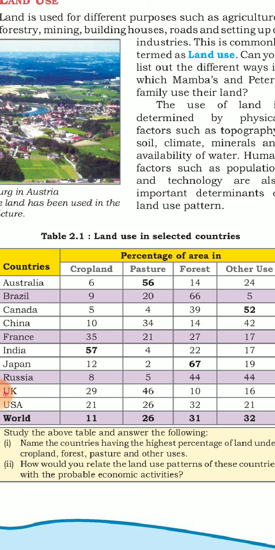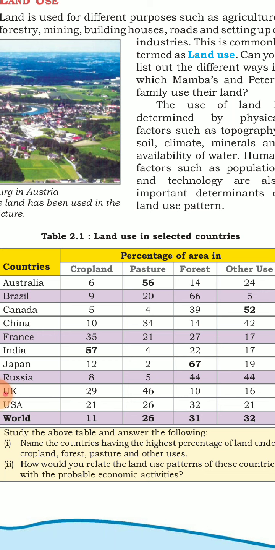Now you can see Australia. The percentage of area used for cropland is 6, pasture 56, forest 14 and other use 24. Whereas Brazil: cropland 9, pasture 20, forest 66, other use 5. Canada: cropland 5, pasture 4, forest 39 and other use 52.